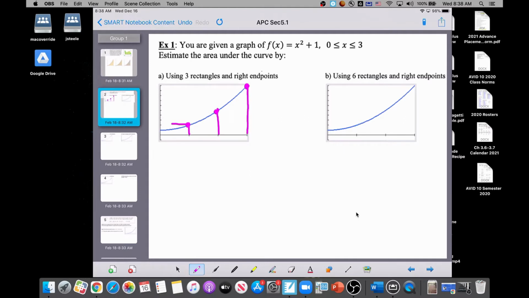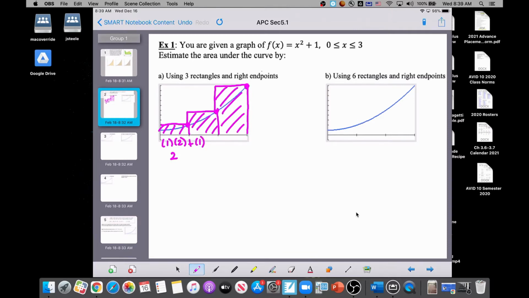So our 3 rectangles then will look like this. And those are the 3 rectangles that we are going to use to estimate the area under the curve. So we just have to figure out what the areas of those 3 rectangles are by taking base times height. Well, looks like the height of our smallest rectangle is 2, and the base of all 3 of our rectangles is a unit of 1, right? So 1 times 2 would be 2 for the first rectangle, plus our second rectangle, base of 1.